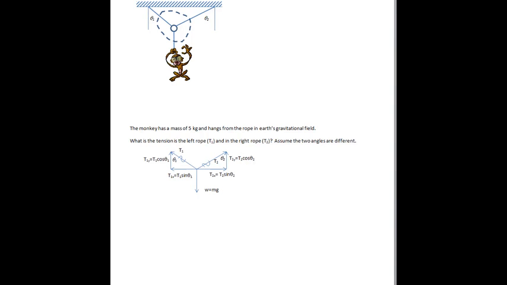Okay, so we're ready to write the equations to solve for the tensions T1 and T2. And we want to first sum the forces in the horizontal or x direction. We'll take x direction positive to the right.